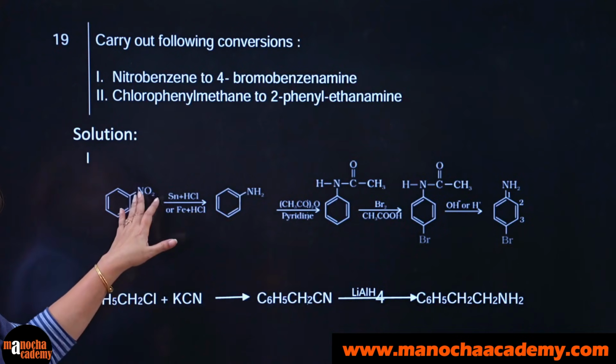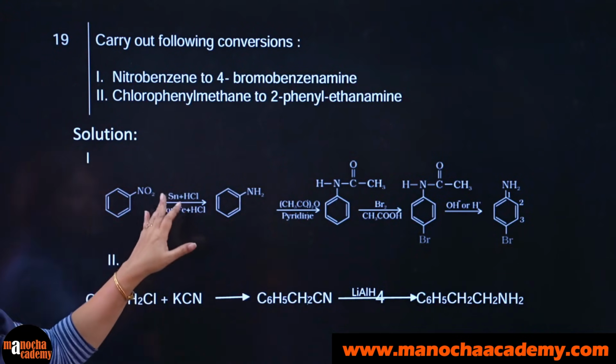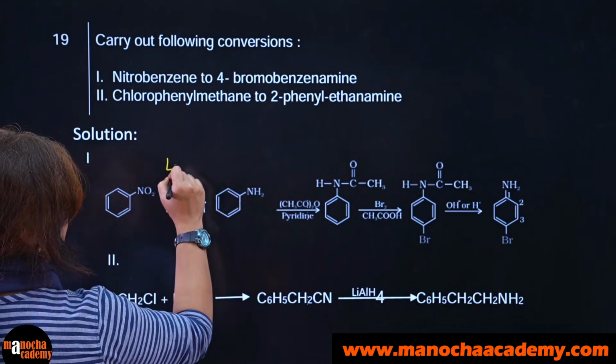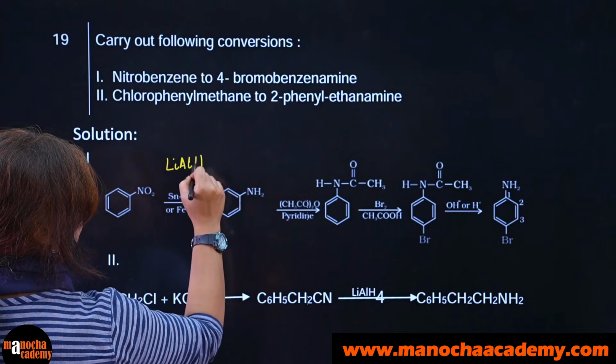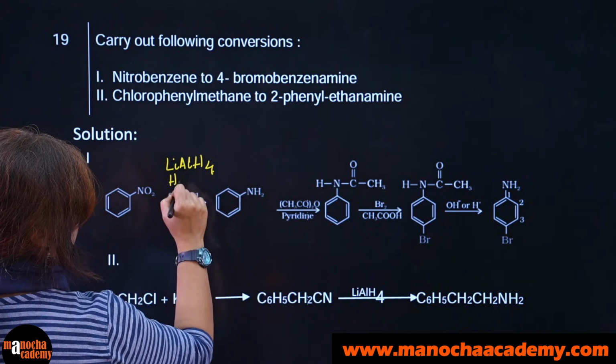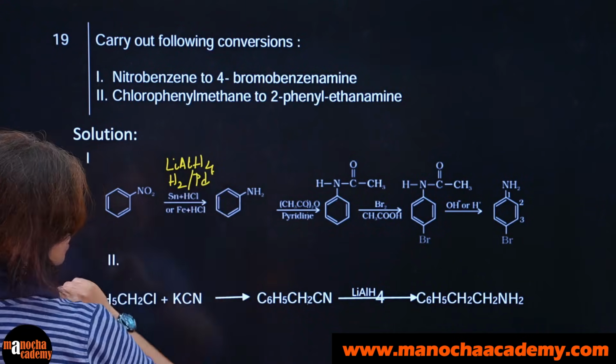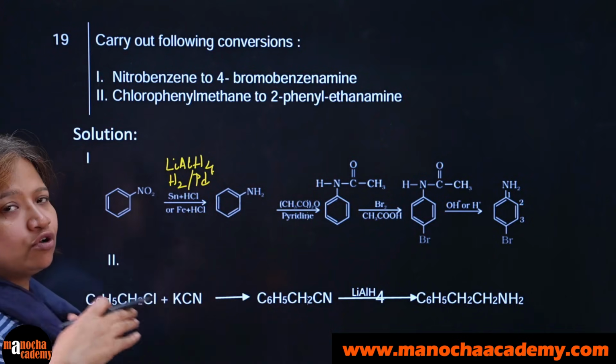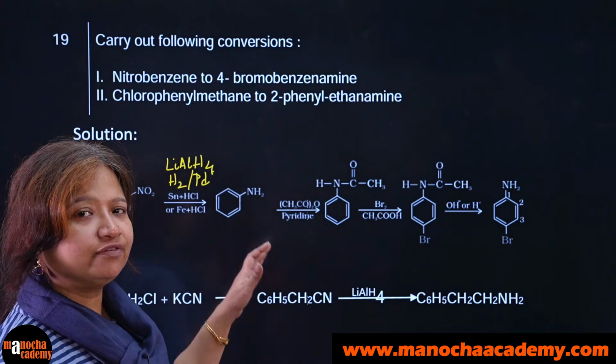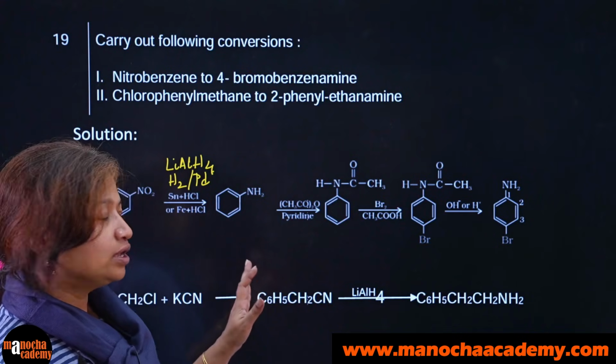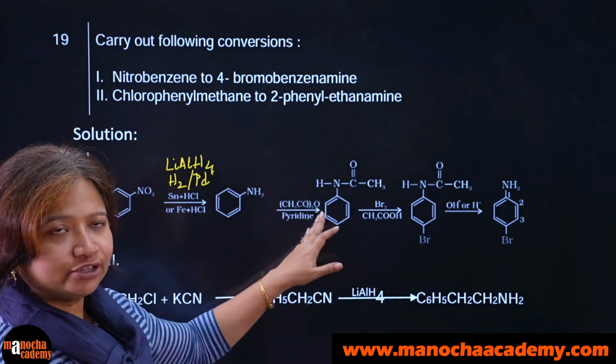As I told you, here nitro to NH2, you can use not only this, you can use lithium aluminium hydride, that is also accepted. Hydrogen palladium is also accepted. You get NH2, then you have to control the reactivity, otherwise it will give the 2,4,6 tribromo compound. So you're controlling it by acetylation in the presence of pyridine.